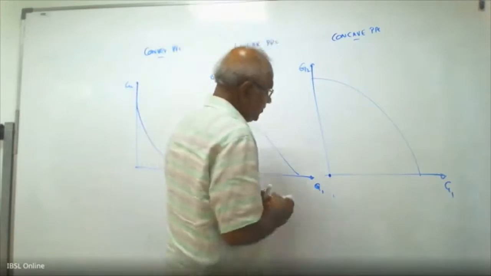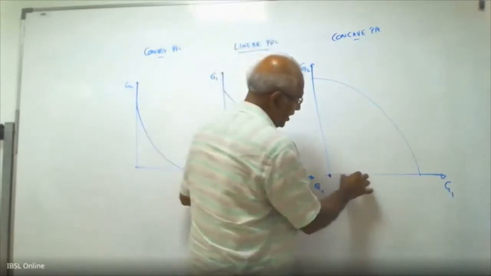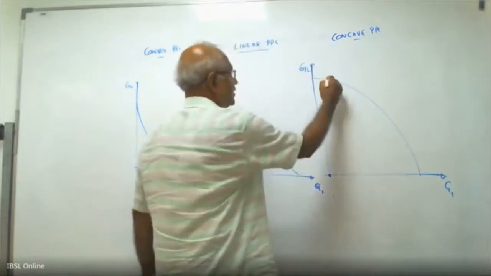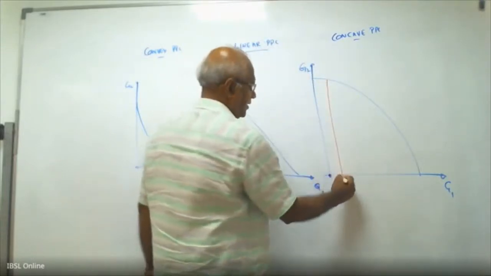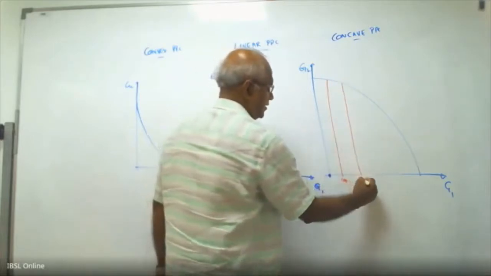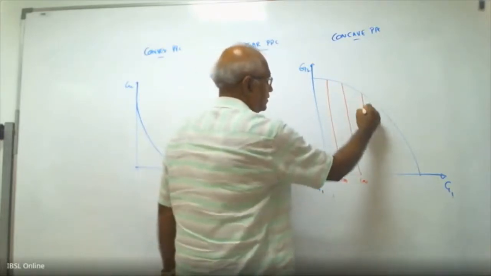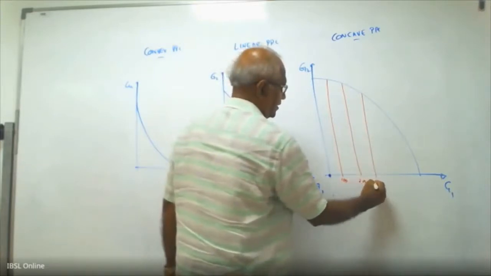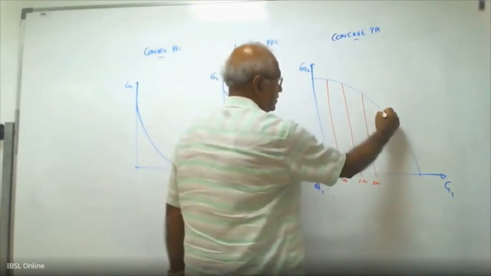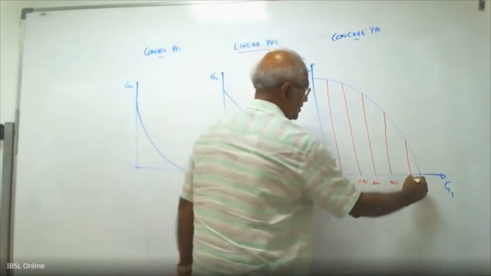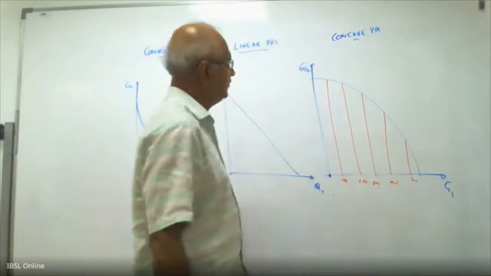Let's assume these are 100 units, for example 100, 200, 300, 400, 500. Like that. Then what will happen?